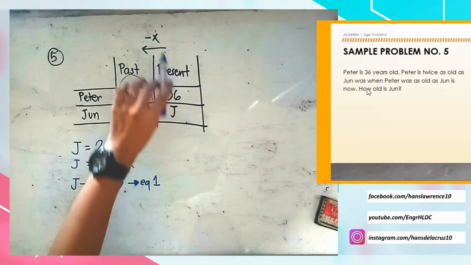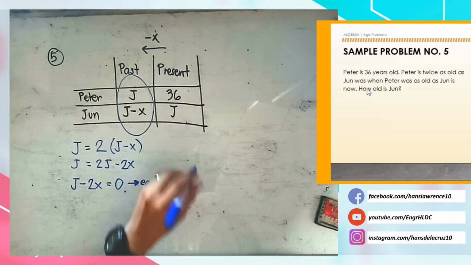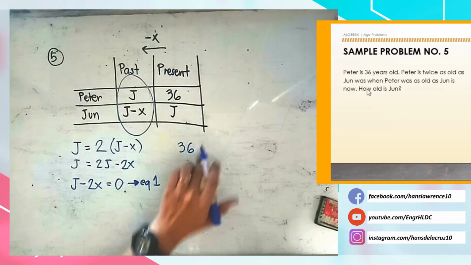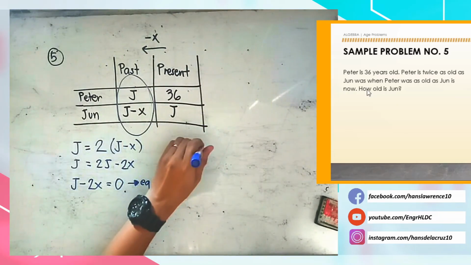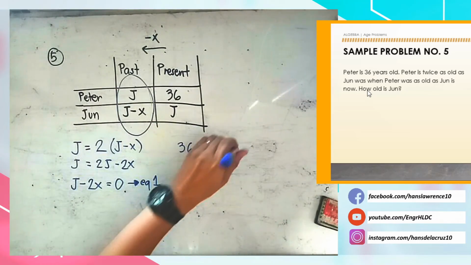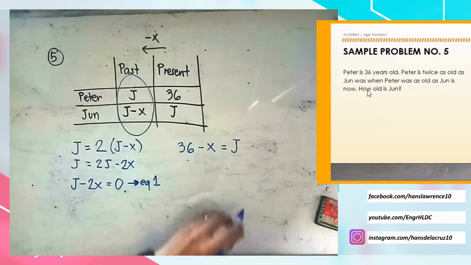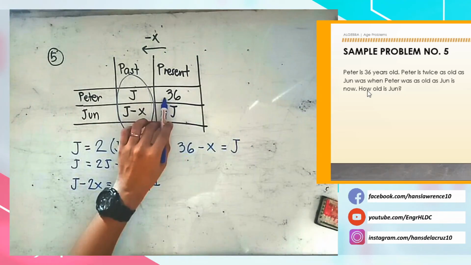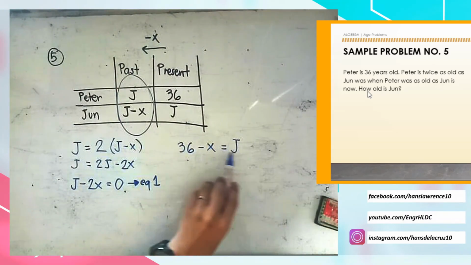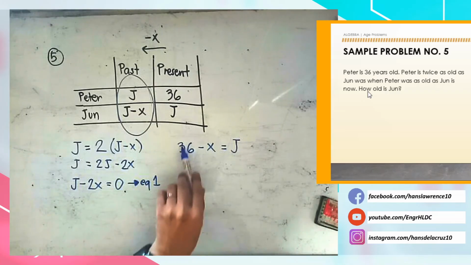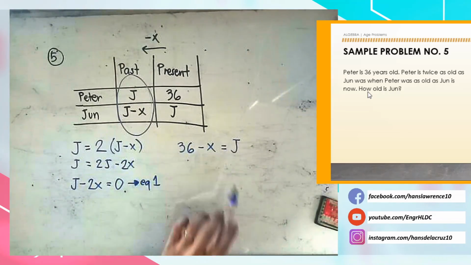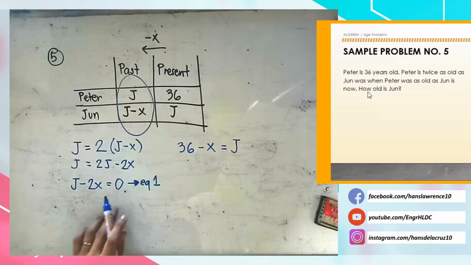So, paano natin bibigyan ng relationship yung tatlong values na yan? So, pwede ko bang sabihin that, kung ang age niya ngayon is 36, tapos bumalik tayo ng X years, so minus X years, tama ba na yung age niya is J years old na? Okay, gets ba yun? So, 36 siya ngayon, so, X years ago, ang age niya daw is J. So, therefore, ito na yung supporting equation natin sa first equation.